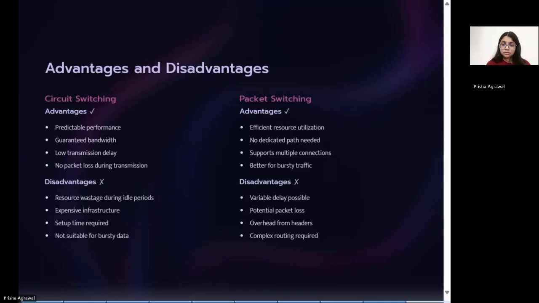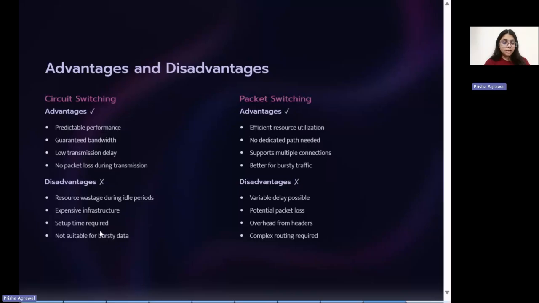Disadvantages. Despite these advantages, circuit switching also has several drawbacks. One of the major disadvantages is resource wastage during idle periods. Even when no data is being transmitted, the communication channel remains reserved, preventing other users from utilizing that bandwidth. Another disadvantage is expensive infrastructure.